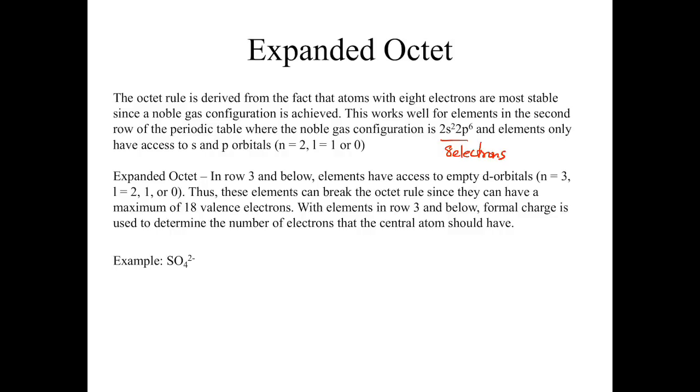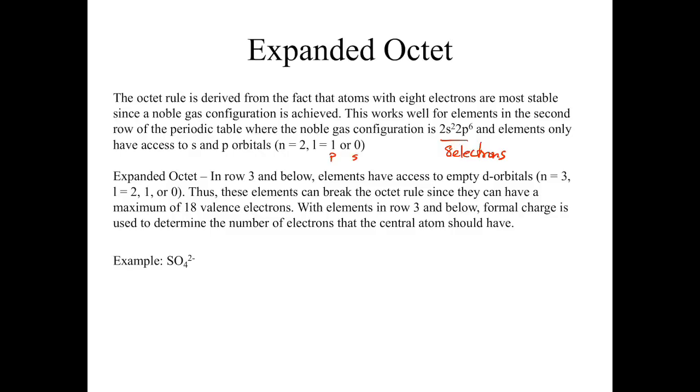And this works really well because they have access to only s and p orbitals. So s2p6 gives 8 electrons. In the second row, L can be either 1, which is a p, or 0, which is an s, so we're very happy with that configuration. But something interesting happens when you go to row 3. Elements no longer just have L equal to 1 or L equal to 0.